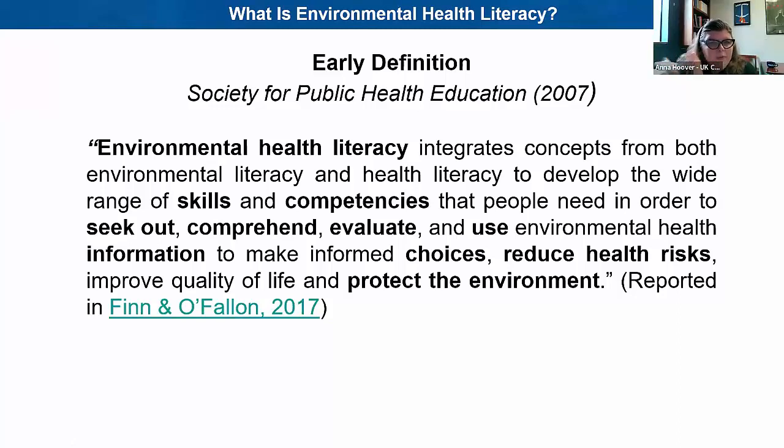And on a website that is now 404 non-compliant or whatever you call it, they defined environmental health literacy, one of the first definitions that you can find anywhere.